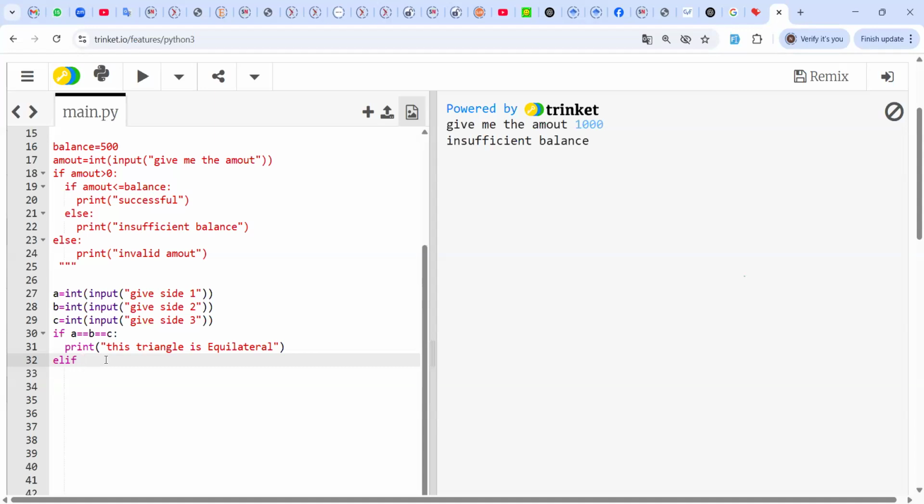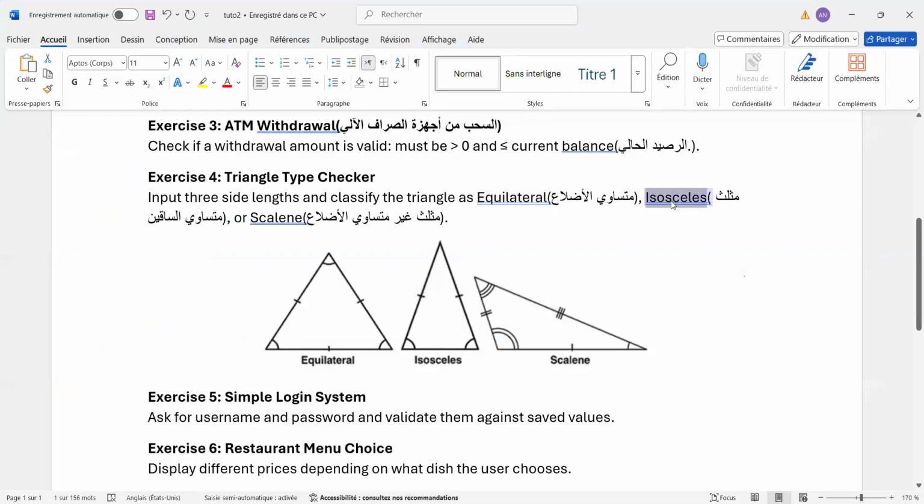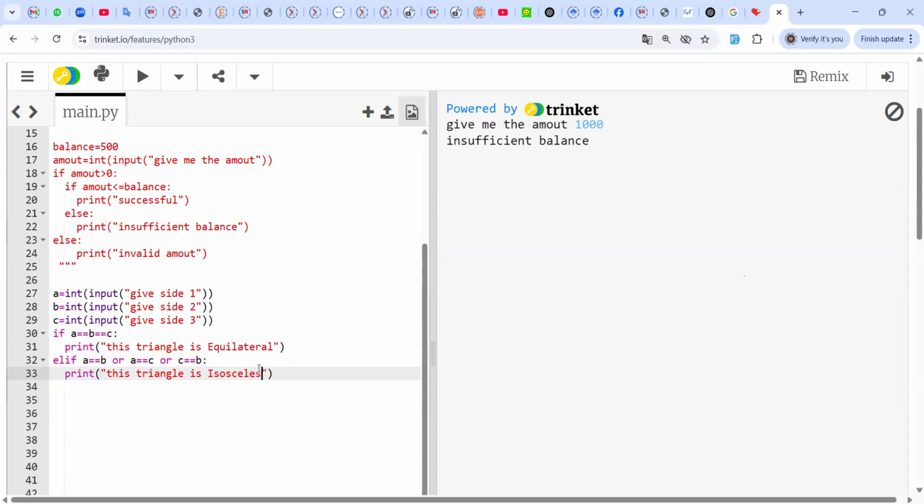So if now A is equal to B, or A is equal to C, or the other one is B equal to C. Yes, is A equal to B, or A equal to C, or C equal to B. That means this triangle, let me copy paste this because I'm a lazy person. Control C, Control V, okay? So this one is isosceles.